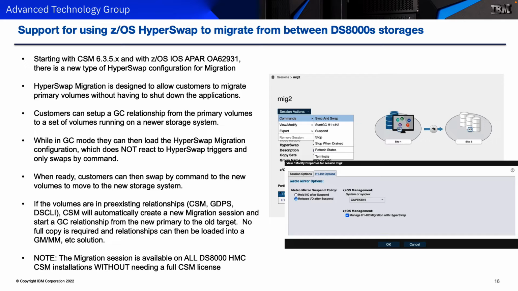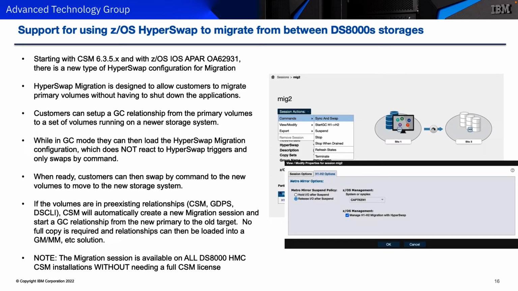One of those reasons is because once you set up HyperSwap, with today's HyperSwap session, you are subject to HyperSwap events. A HyperSwap event might trigger a HyperSwap before you're even ready, and in most cases with migration, you don't want to actually swap to the new storage system until you're sure you're ready.